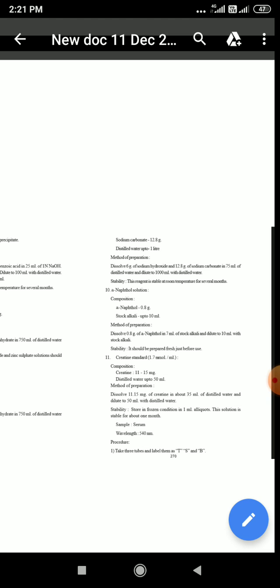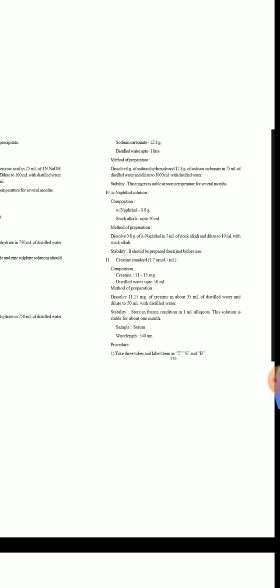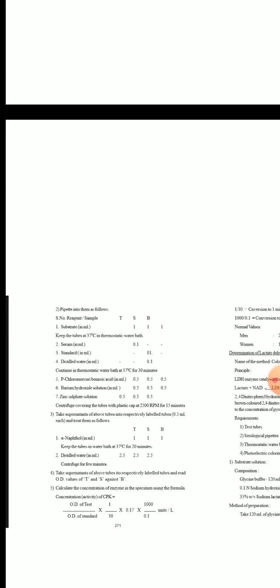For sample we have serum and we will measure the absorbance at 540 nanometer. Next we have the procedure. Take 3 tubes and label them as test, standard and blank. Now pipette into them as follows. Substrate 1 ml in test, standard and blank.